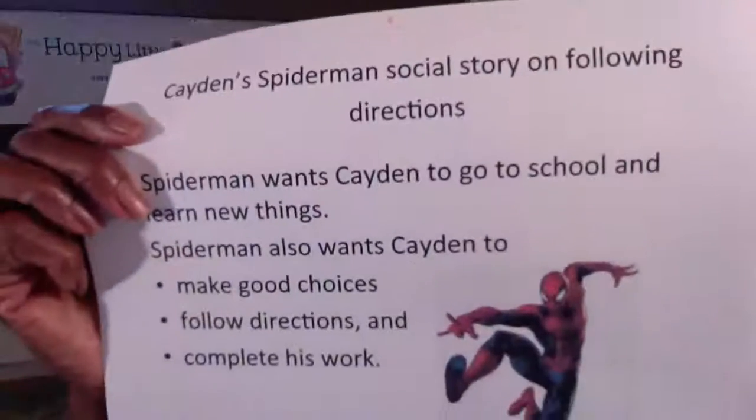I always try to include an icon or a picture of what the student's favorite person is on every page, because as I'm reading this to them, they're looking at the same thing that I'm reading. It actually helps as a child is learning to read to identify some of the words that are favorites of the child, like Spider-Man.